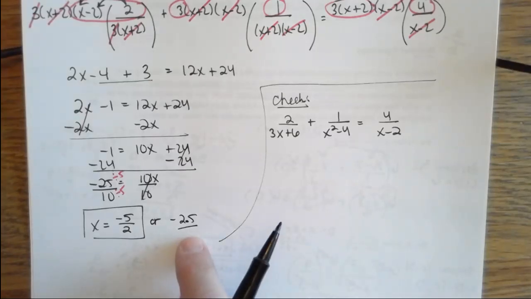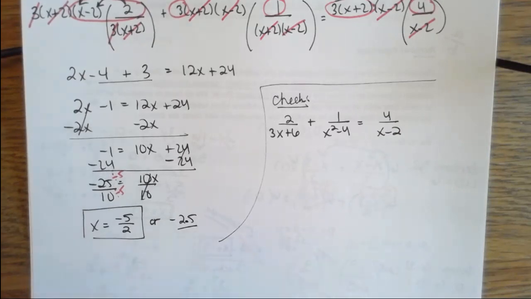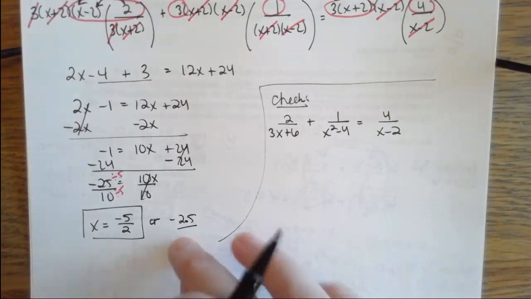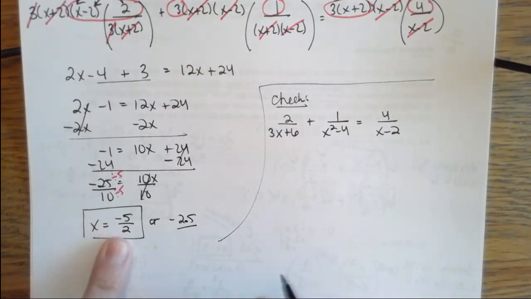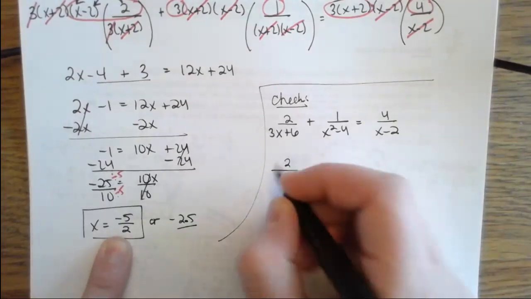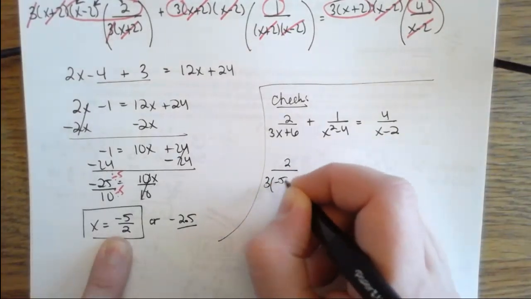You just want to keep in mind if you're using decimals, you may have some slight rounding error. Here it should be okay, but it doesn't always work out that way. So you just want to be a little careful if you are checking with decimals. You could be a little off in here, but it should be very, very close, if not exact. So here, let's go ahead and we'll just do a check with fractions. I think it's probably a good review for everybody anyway.